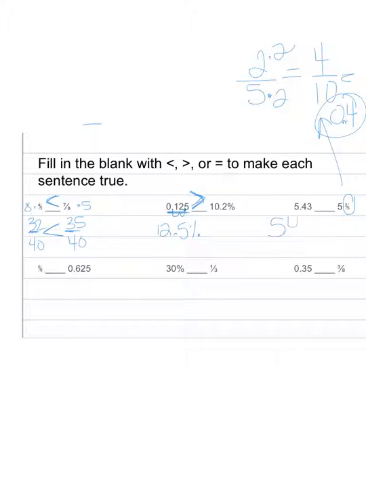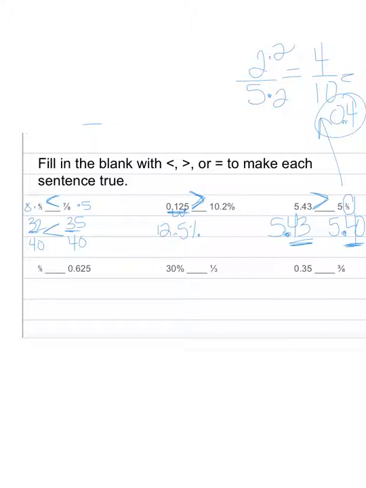So 5.43, and then 5.4. So 43/100ths is greater than 40, because if I add a 0, then it'd be 40. So that would be greater than.